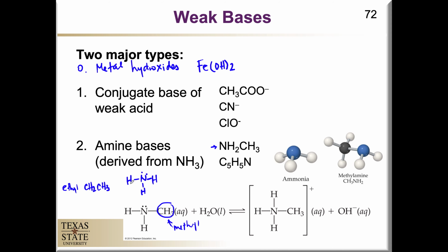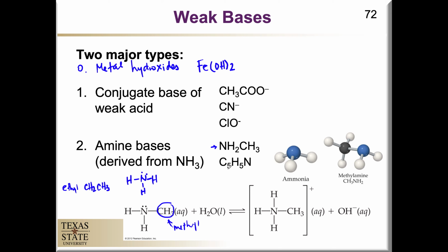So if I had replaced a hydrogen with a CH2CH3, then that would be an ethylamine. And again, we could replace one or two or three of the hydrogens with ethyl groups. Those amine bases, the key thing is that they need to have a lone pair of electrons available to bind to hydrogen. Otherwise, they could not act as proton acceptors.